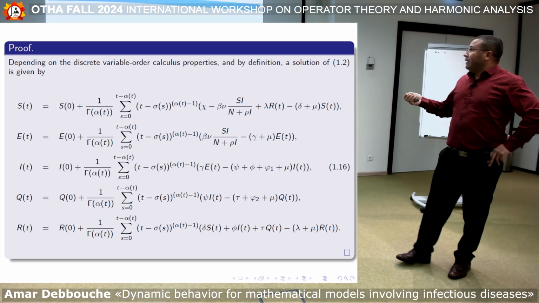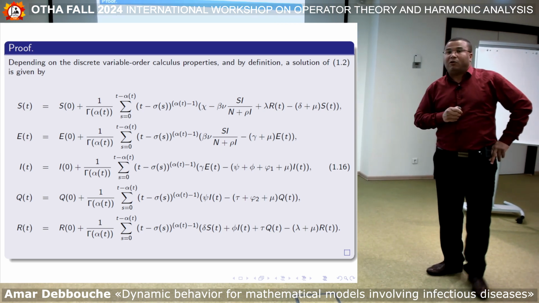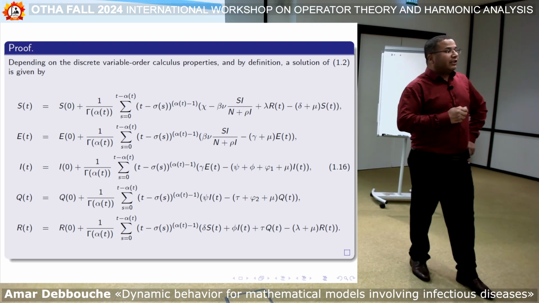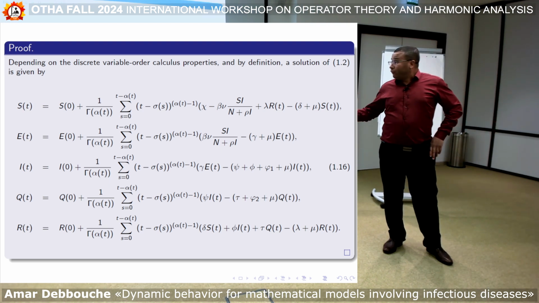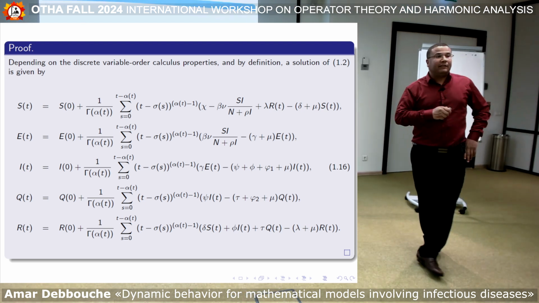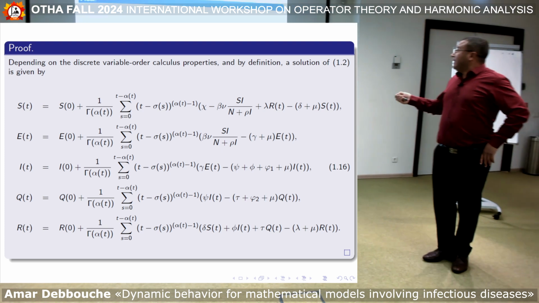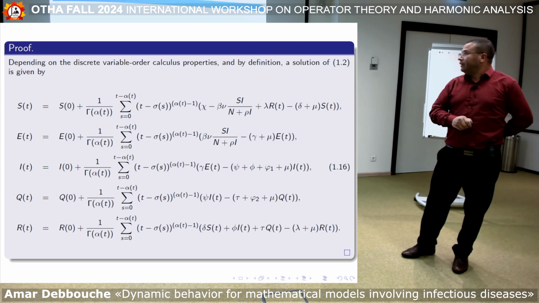We apply the delta sum on both sides of our considered model using the fractional calculus property. It is easy to get the following equivalent equations, as you see, taking into account that this kernel is renamed as H1 and this one H2 and so on.